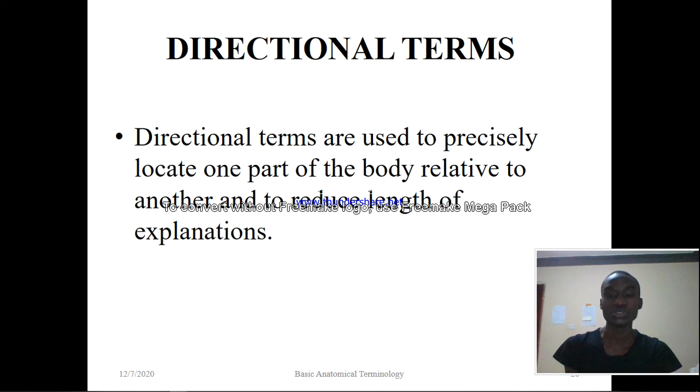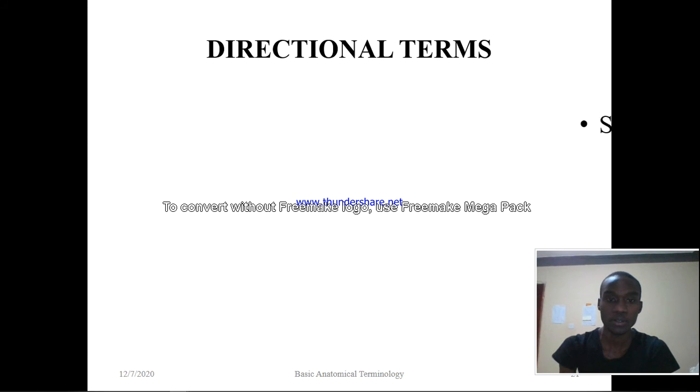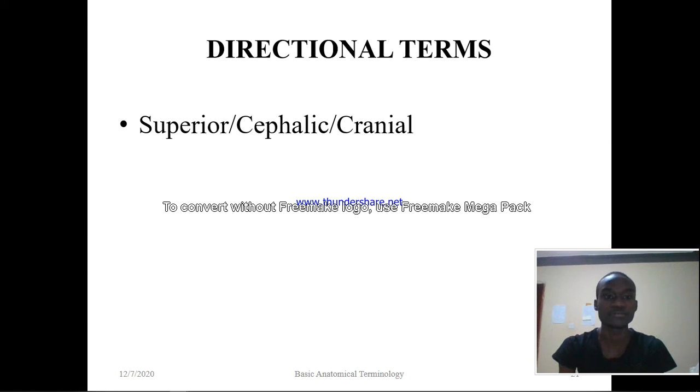We are going to see those terms. Which term can we use? We are trying to direct someone to the eyes, but in relation to the mouth. So you move upwards a few centimeters above the nose, and then you find the eyes. So we are going to see some of the terms that help us locate body parts. The first term is superior, cephalic or cranial.